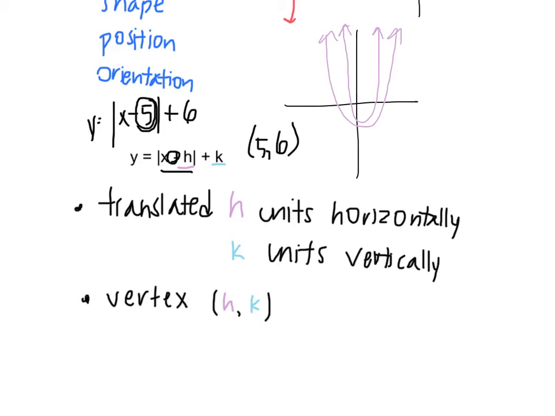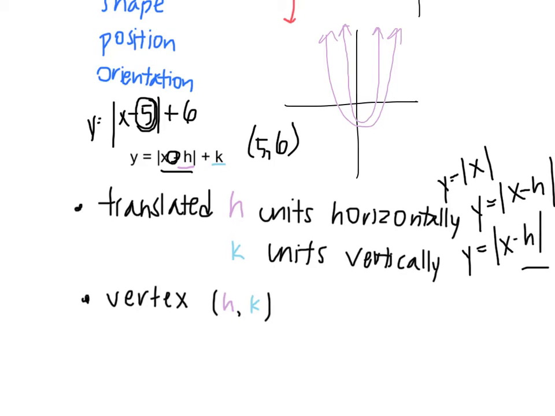So we're going to translate the parent graph h units horizontally, and k units vertically, plus k. So the h is horizontal and k is vertical.